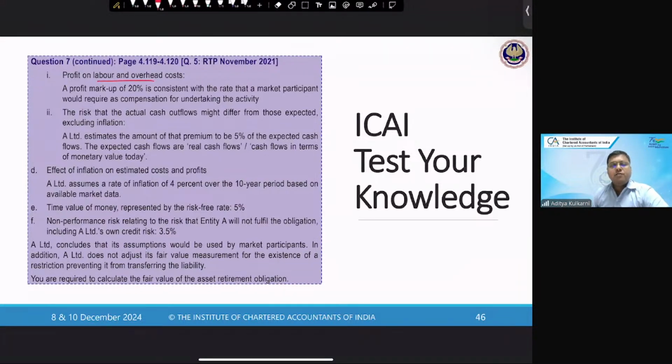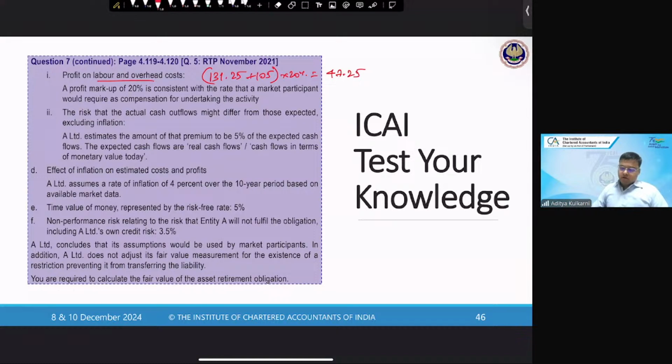A markup of 20% is consistent with the rate that a market participant would require as compensation for undertaking the activity. So labor is 131.25, overheads is 105, into 20%. That comes to 47.25. Are we okay with this? Yes, sir.